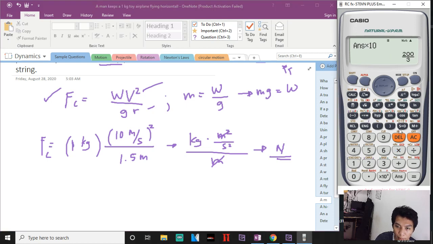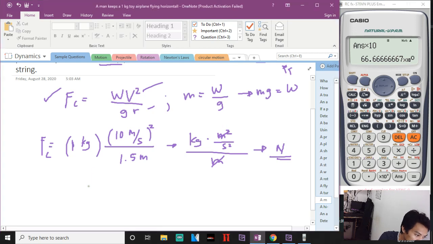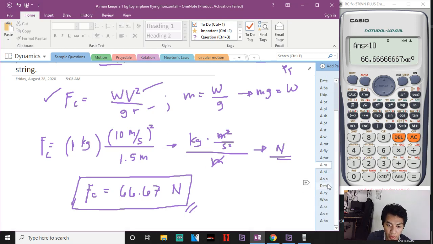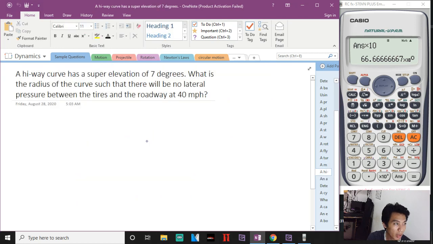This will be 66.67 newtons. Yan yung ating centrifugal force, centrifugal effect. Okay, so na-solve natin yung for circular motion.